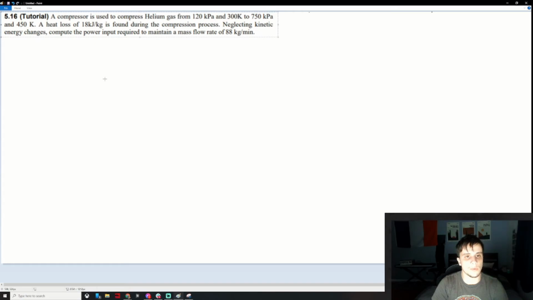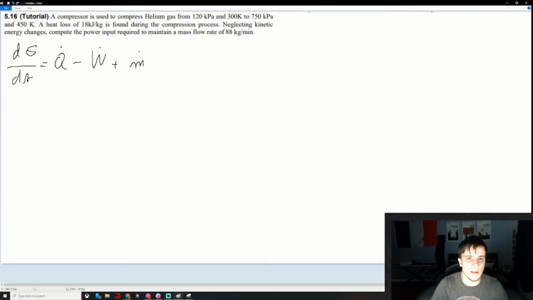Compute the power input required to maintain a mass flow rate of 88 kilograms per minute. First law equation: dE/dt is equal to Q dot minus W dot plus m dot. Are we in a steady state? It does not stay steady, but we can assume it.